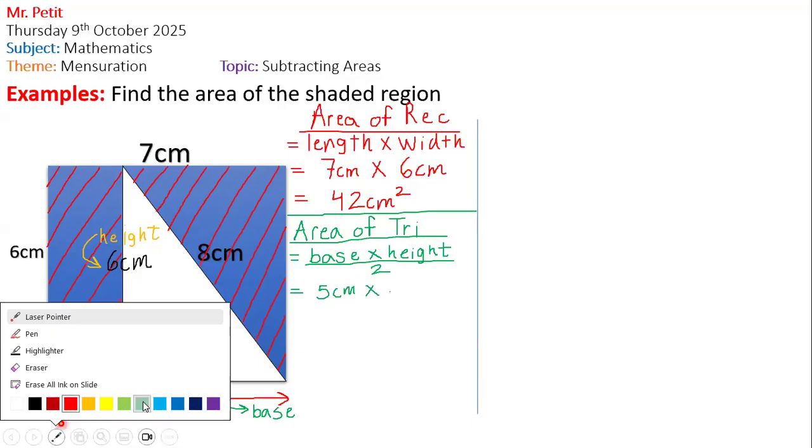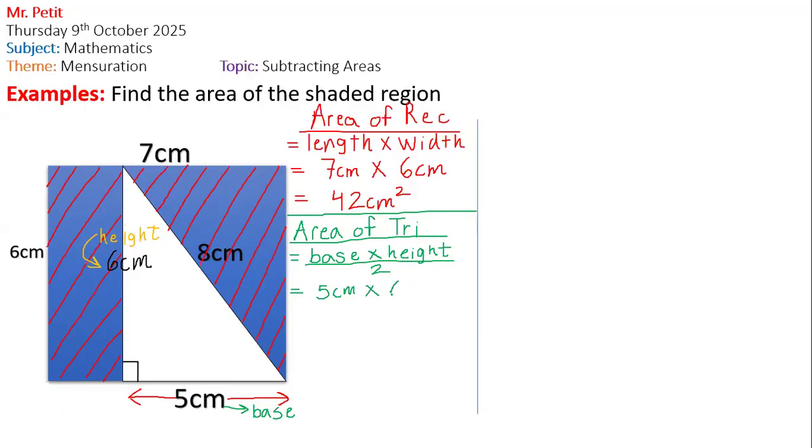So it's gonna be 5 times 6 centimeters, and so we divide it by 2. It's gonna be equal to what? 5 times 6 is what? 30. 30 centimeters what?